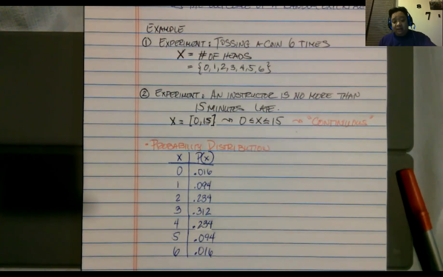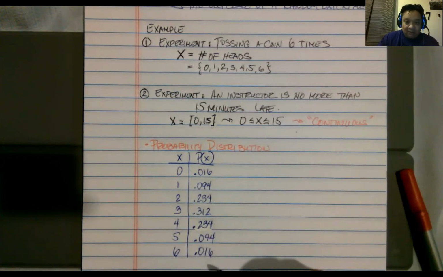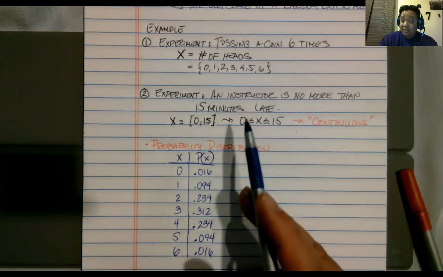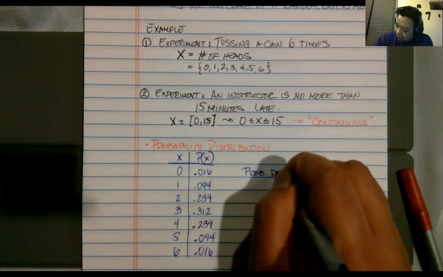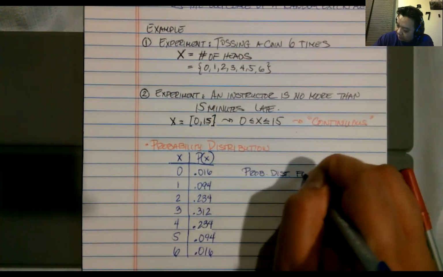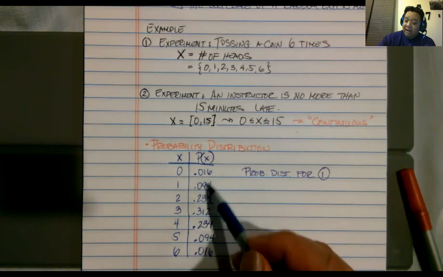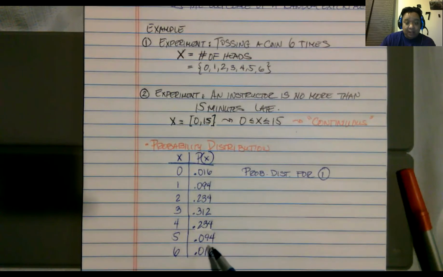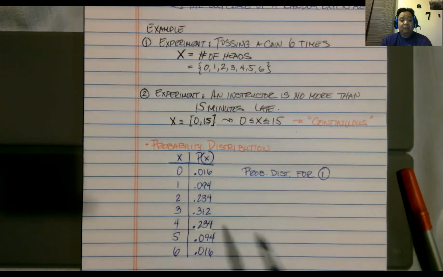I wanted to give you an exact example, so I had to look this up, because I made up the numbers over here and I want to make sure I have the right ones. So this is the probability distribution for experiment number 1. We'll talk about how to find these probabilities later. But this is an example of a probability distribution.